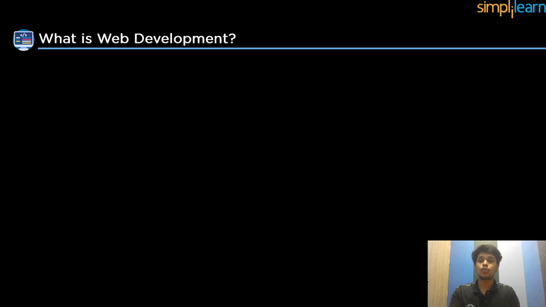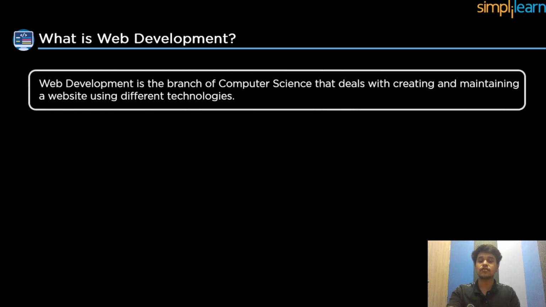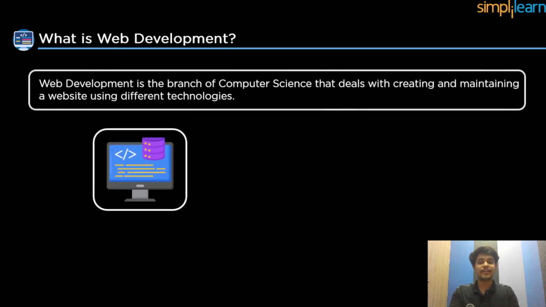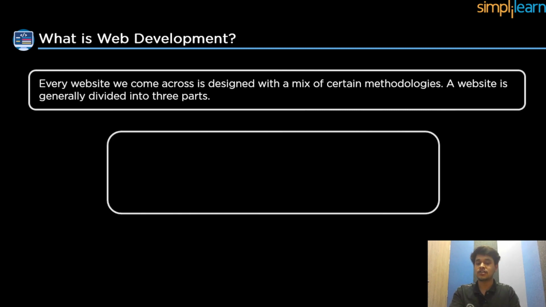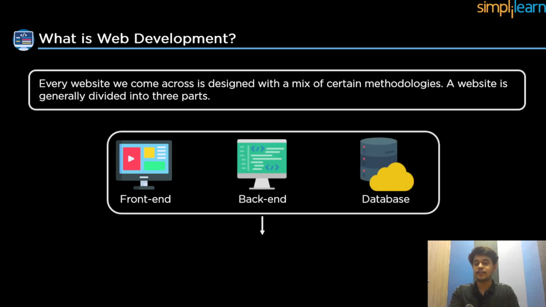Let's start this video with what is web development. Web development is the branch of computer science that deals with creating and maintaining a website or web application. Every website we come across is designed with a mix of certain methodologies. A website is generally divided into three parts: front-end, back-end, and database.